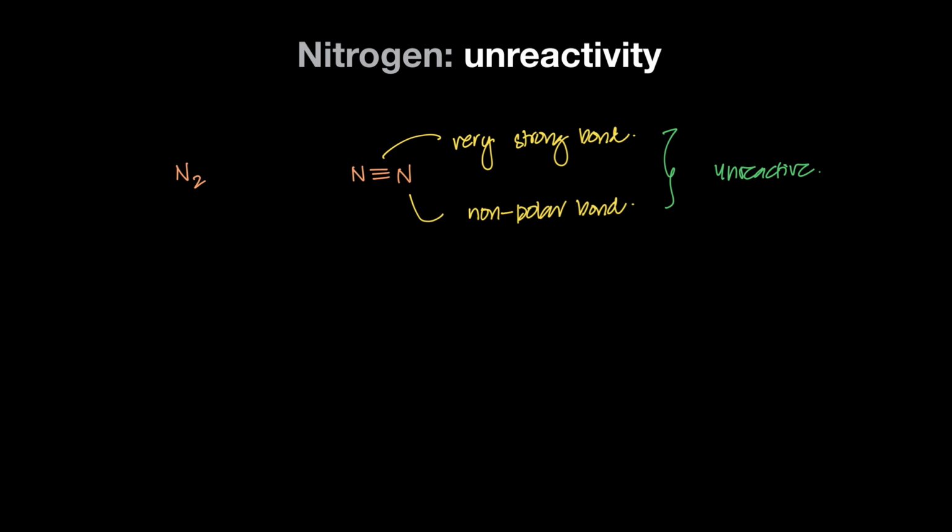Nitrogen gas only reacts during thunderstorms and lightning with high voltages, and at the very high temperatures in the car engine. Those places have high enough energy to break this bond. Otherwise, we consider nitrogen to be an unreactive gas.